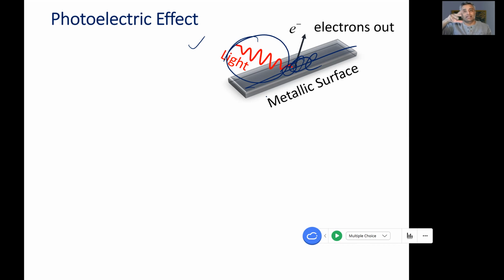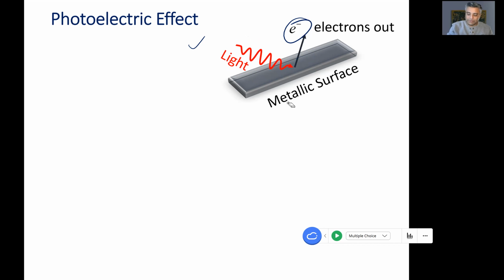So it's like these water molecules are boiling off and becoming vapor. Something like this is happening here. The electron looks like it's boiling off. Just like we can keep on heating, supplying energy until it has enough energy to leave the surface, right?